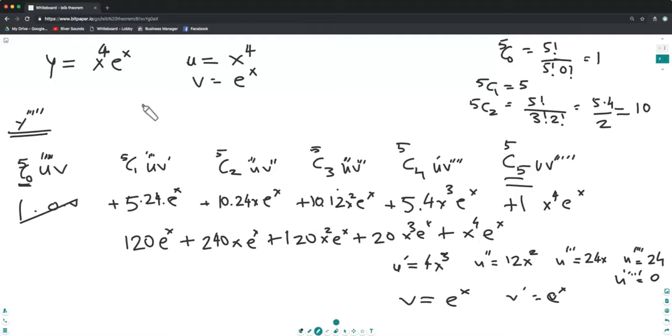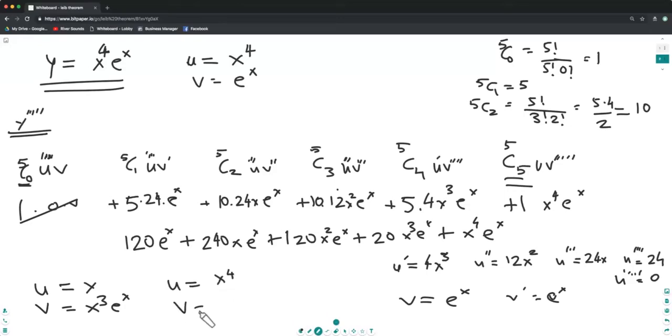So that's how you can use Leibniz to solve this particular antiderivative of this function. Remember, you can take u and v any which way you want. You could as well have taken u is equal to x and v is equal to x cubed e power x, but that would have still been a bit difficult. I think the easiest one still would have been u is x power 4 and v is e power x.